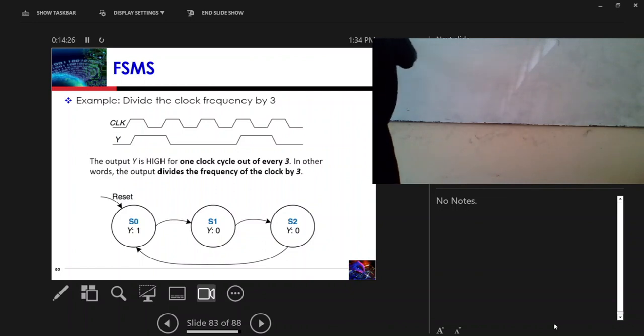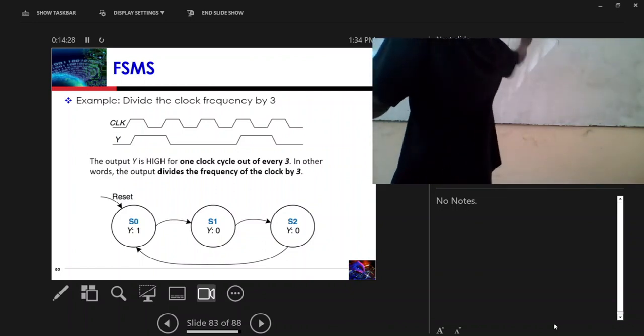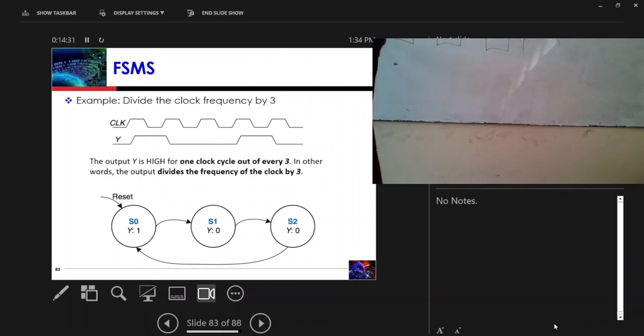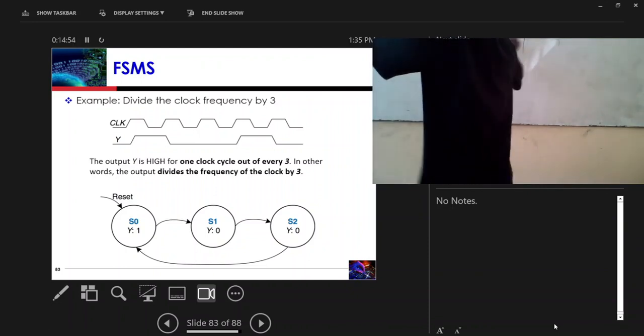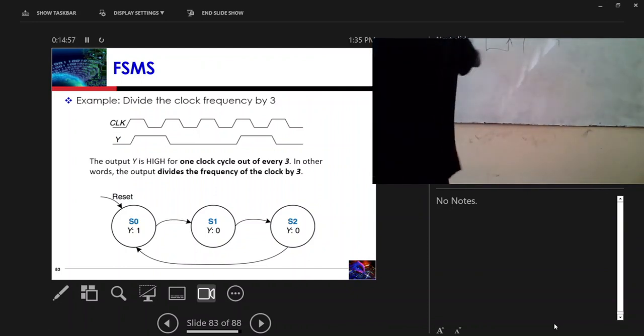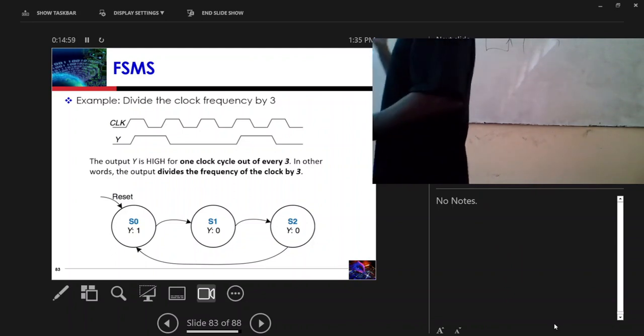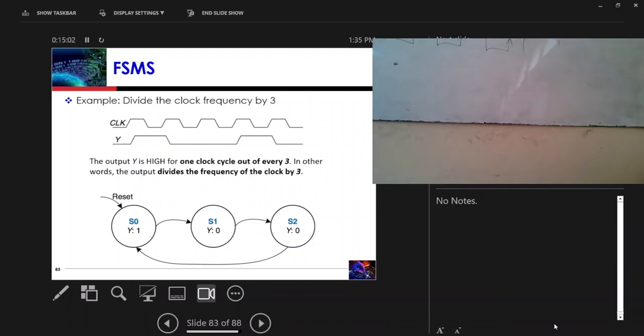We start Y from the first positive edge, and Y is high for one cycle. At the next positive edge, Y goes low, which means we have moved to state S1. Then Y is 0, and we move to another state, S2. Y is still 0. Then we move to another state. So we have counted 1, 2, 3, then Y goes high. You see how simple that is. But that's how they thought about it.